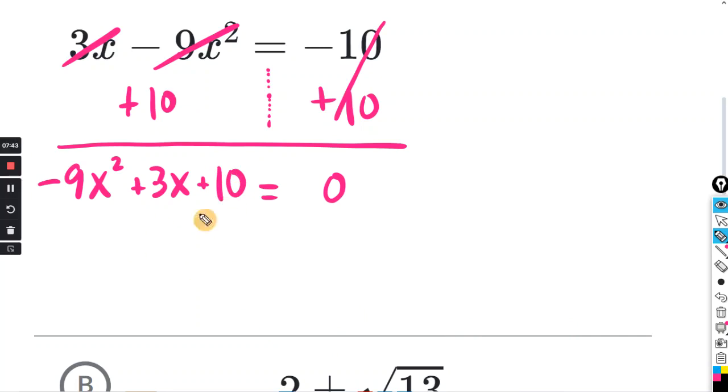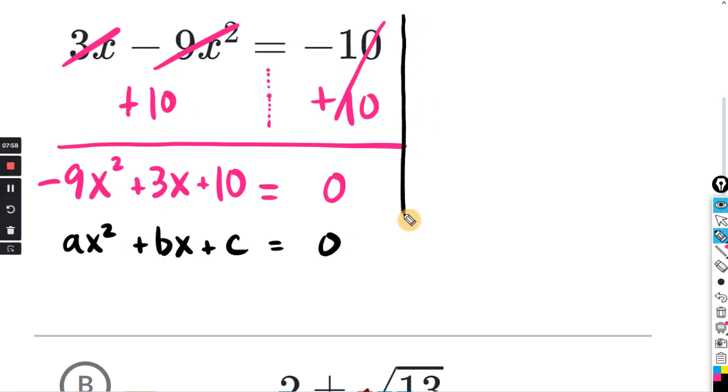And now we have an equation in the form of ax squared plus bx plus c equals 0. All right, so the a is going to be negative 9. The b is going to be positive 3. And the c is going to be positive 10.